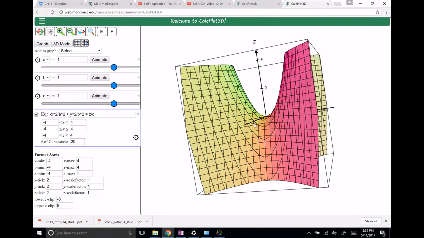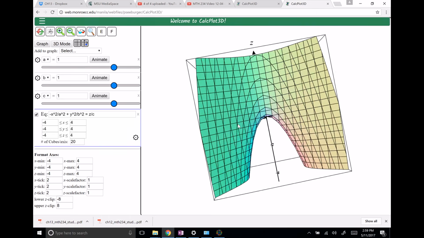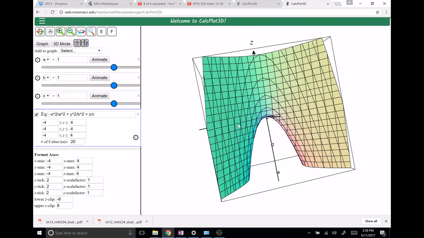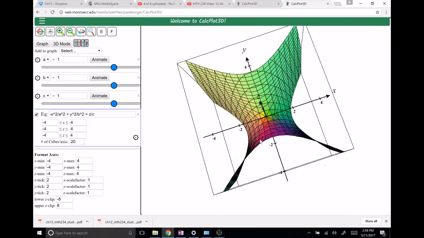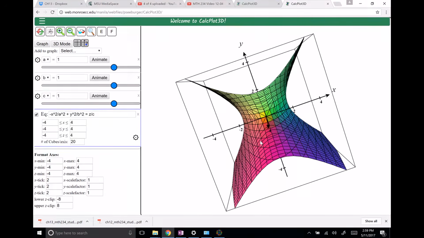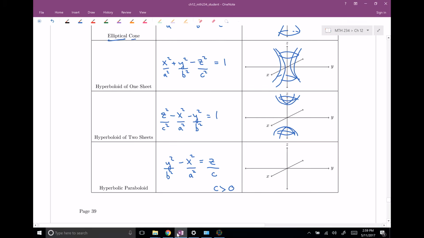And if you look in this direction, you also see parabolas, but now they're going down. Before they were going up, now they're going down. And if you look at it from an up and down viewpoint, it looks very hyperbolic, right? You see these hyperbolas in these directions. So that's why it gets its name, hyperbolic paraboloid, because it's built out of hyperbolas and parabolas.